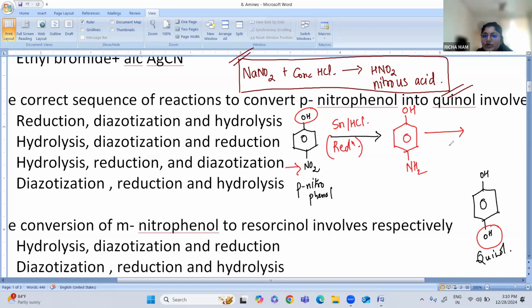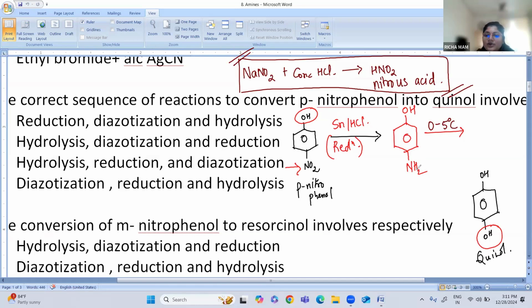To do diazotization, the reaction should be carried out at 0 to 5 degrees Celsius. So I am going to add this at 0 to 5 degrees Celsius only.